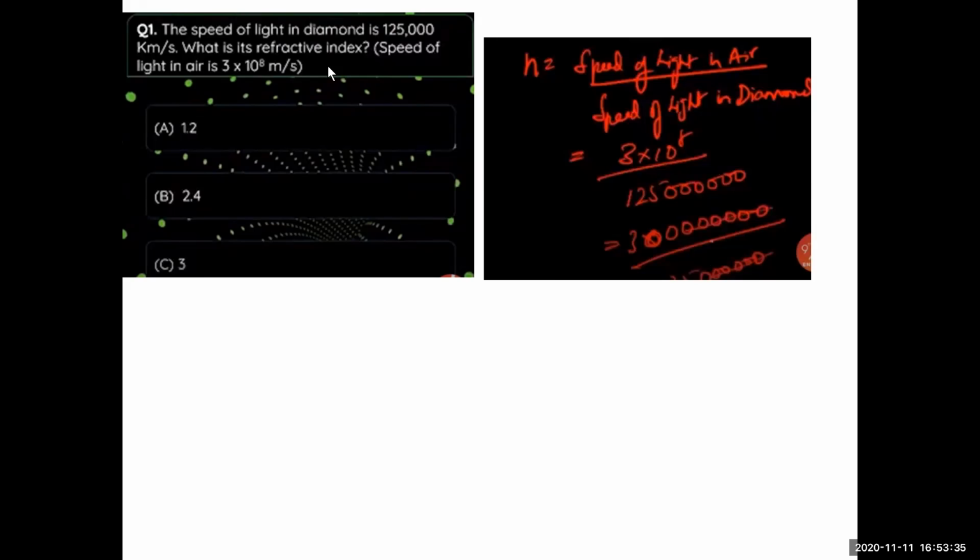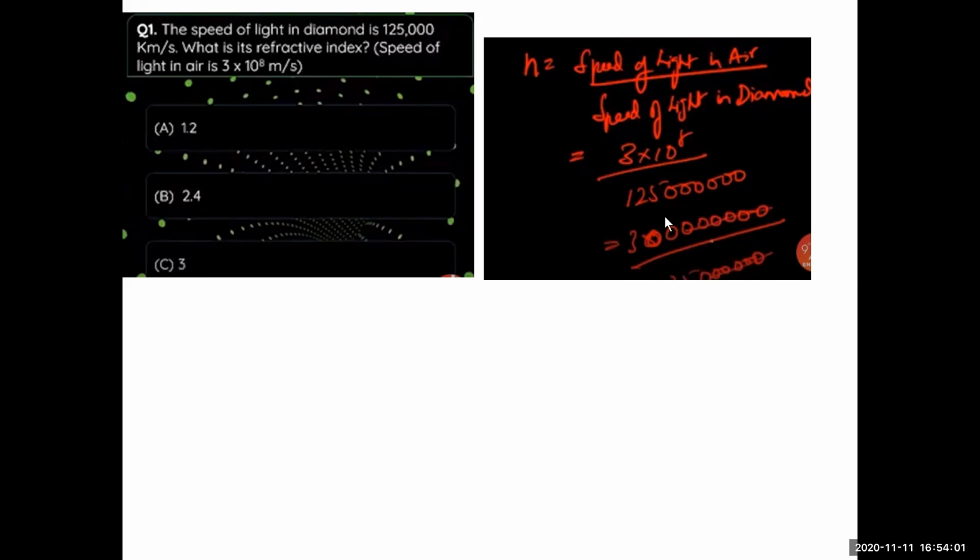So n is the refractive index of diamond, which is given as the speed of light in air divided by the speed of light in diamond. The speed of light in air is 3 into 10 to the power of 8 meters per second, divided by 125,000 kilometers. We have to change this into meters, therefore into 1000, we get 3 more zeros.